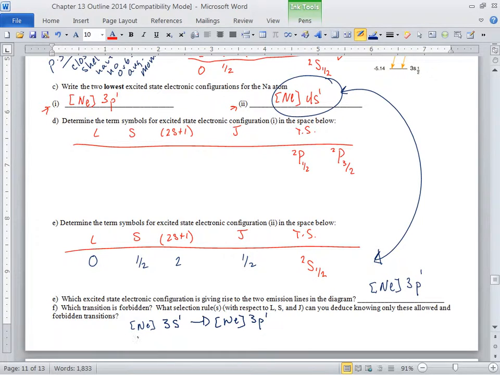What's not allowed? Neon 3S1 is not allowed to go to neon 4S1. Okay, that line, you don't see it. It's not allowed. It's forbidden.